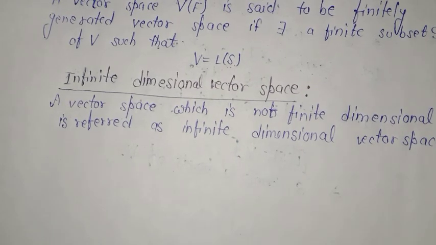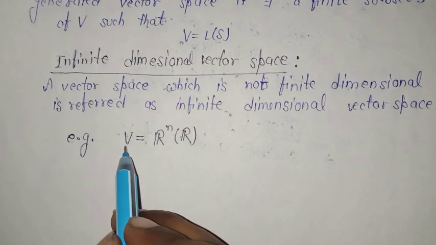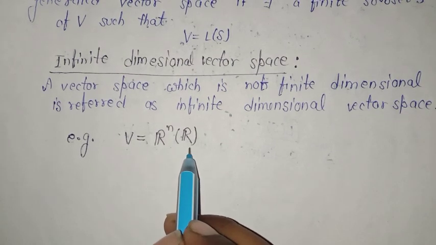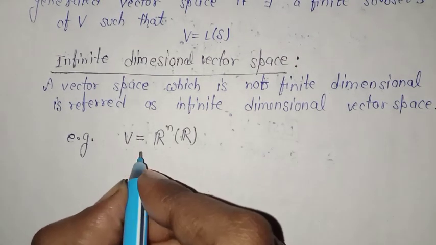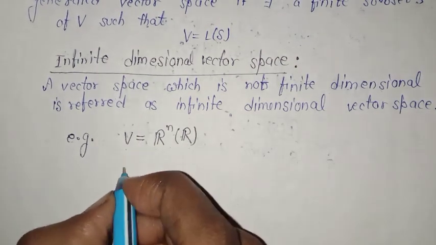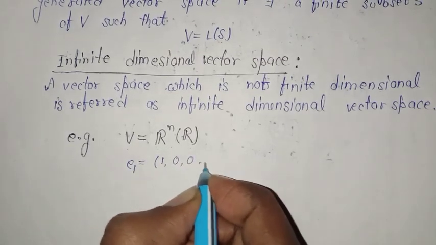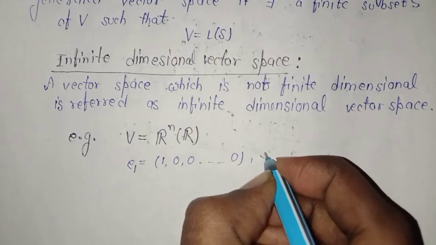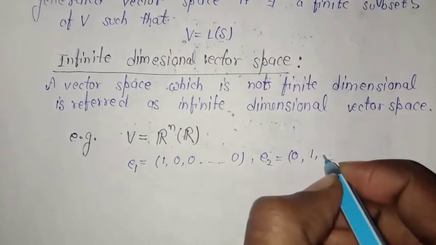So let's take some examples of infinite and finite dimensional vector spaces. Our first vector space is R^n over R. This is the set of n-tuples. The basis for this vector space is e1 equals (1, 0, 0, and so on, 0). e2 equals (0, 1, 0, and so on, 0), where this time we take unity at the second place.